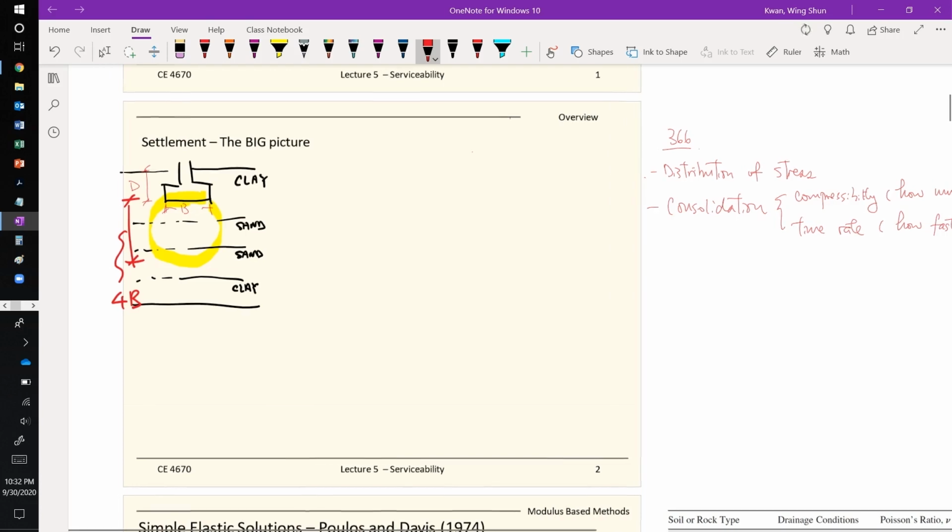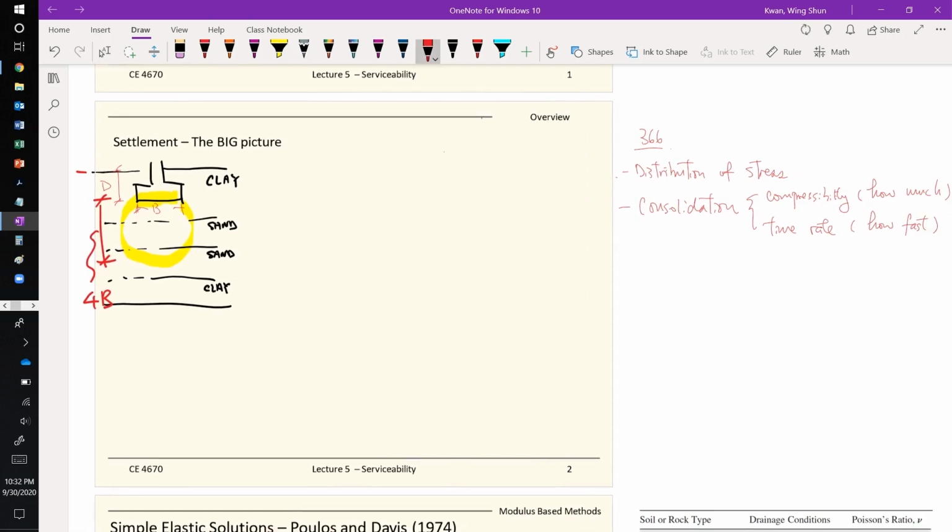If you are counting the depth from the face of the foundations, what you need to take care of is 4B plus D. You want to look at the zone of influence of the loading passing to the soils, and you want to take care of at least that zone right there, D plus 4B.